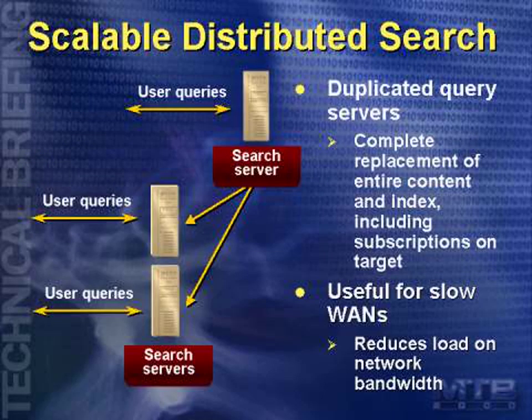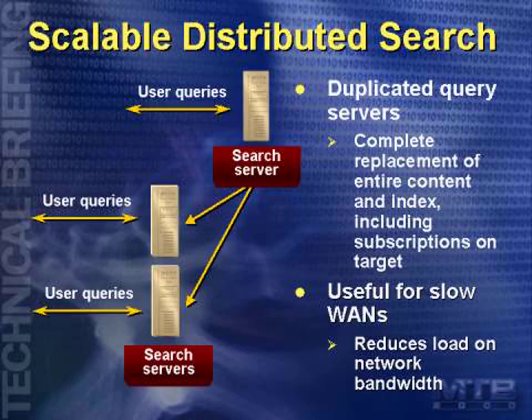So the flip side of indexing scalability is scalable distributed search. What happens is that you may be in a scenario where you're in a widely geographically distributed company, and you don't want your customers to go through slow wide area networks to get at a single search server.